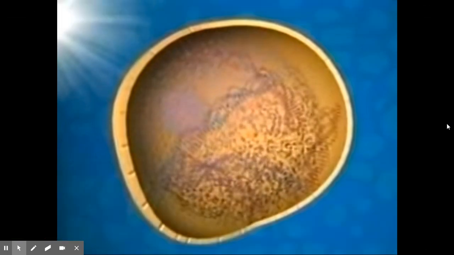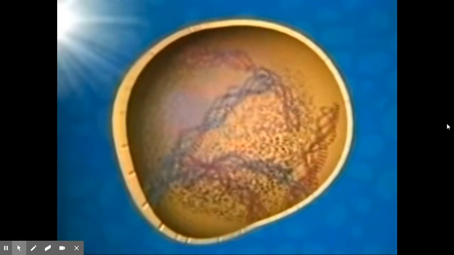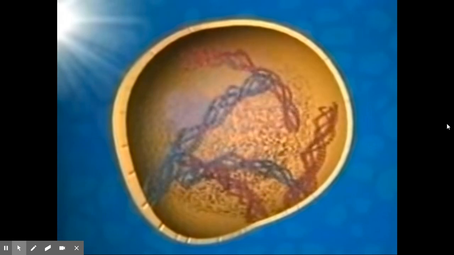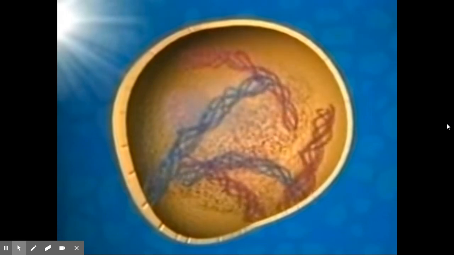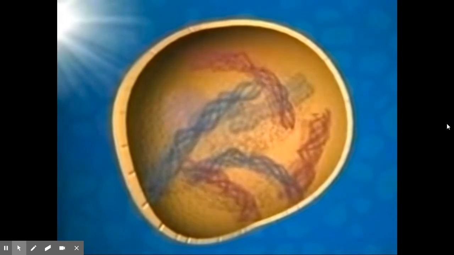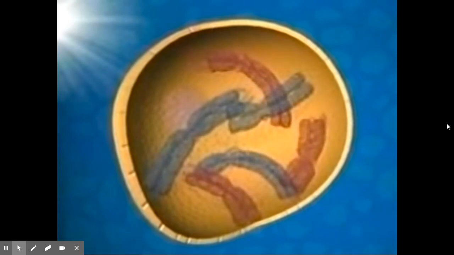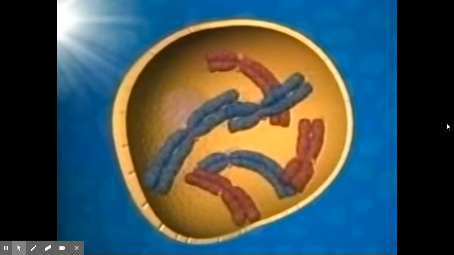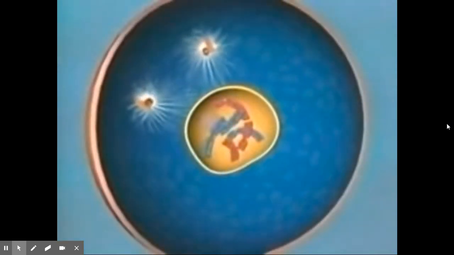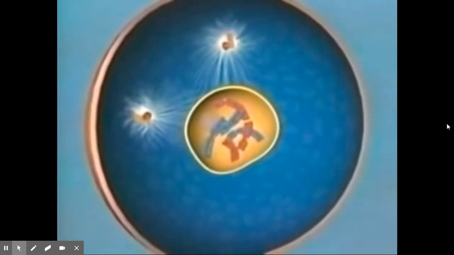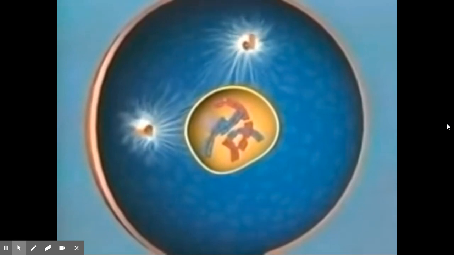Mitosis begins as the long threads of DNA in the nucleus start to coil. Prophase. Having already replicated, these threads emerge as the double strands we know as chromosomes. Meanwhile, protein fibers grow from the migrating centrioles, forming a latticework of spindles.